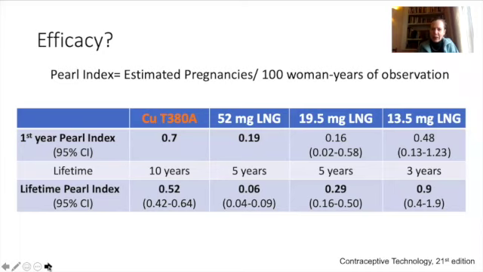When we put that in the larger context of contraceptive options and we think about what the Pearl Index is of most of our oral contraceptives, those range from 0.29, so on par with that 19.5 milligram levonorgestrel IUD, all the way up to 2.86. So most of these IUDs, even at the lower dose hormonal version and with the copper, are more effective typically over extended use than the first year of an oral contraceptive. Next slide.